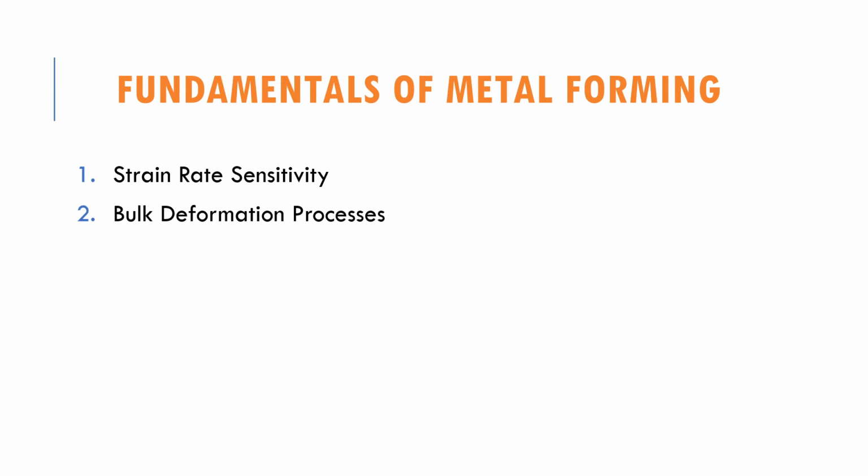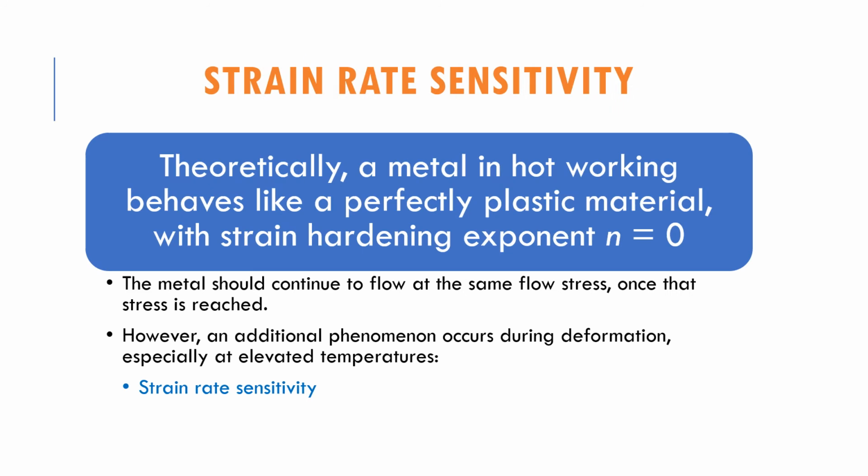In this lesson, we're going to continue with two topics, which are strain rate sensitivity and also bulk deformation processes. For strain rate sensitivity, theoretically a metal when it is hot working will behave perfectly plastic, with the strain hardening exponent equal to 0, so the metal should continue to flow at the same flow stress once the stress is reached.